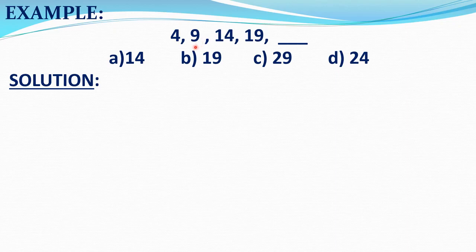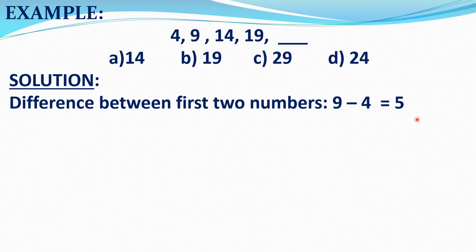So 9 is the greater number than 4. So we find the difference by subtracting 4 from 9 and the difference is 5. So to find out the next number we have to add 5 to this number, because here numbers are in increasing order.